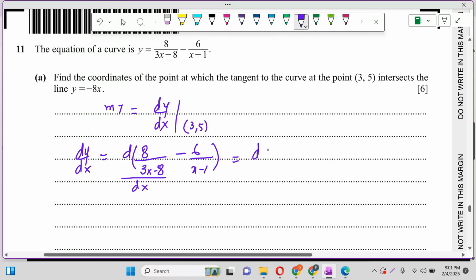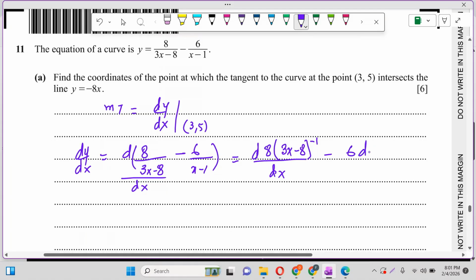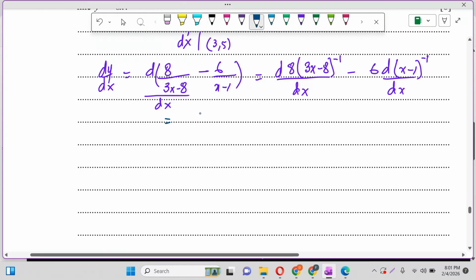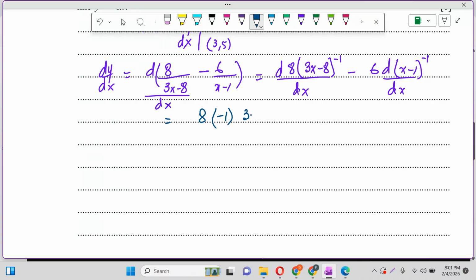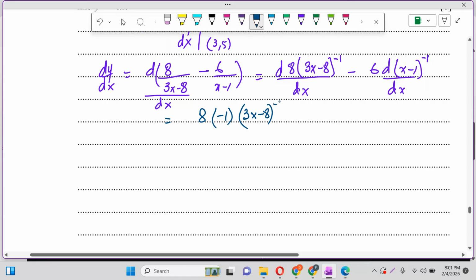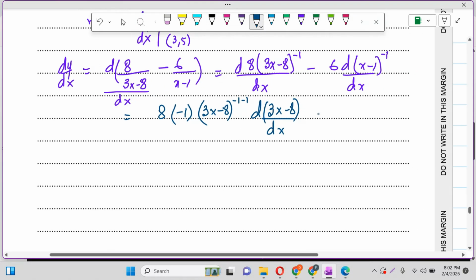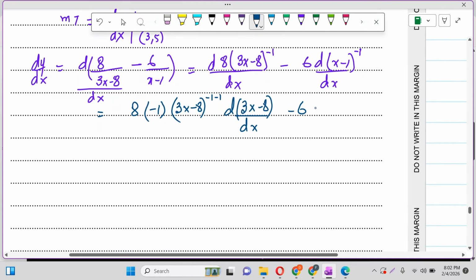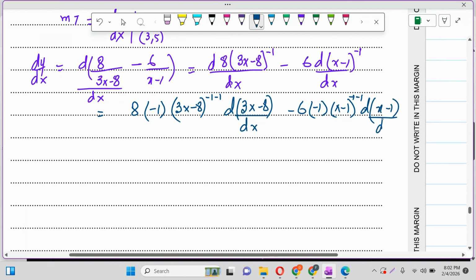Further solving, we have the derivative of 8(3x - 8)^(-1) minus 6 times the derivative of (x - 1)^(-1). Applying the derivative, we have 8 times negative 1 times (3x - 8)^(-1-1) times the derivative of the inner function 3x - 8, minus 6 times negative 1 times (x - 1)^(-1-1) times the derivative of the inner function x - 1.